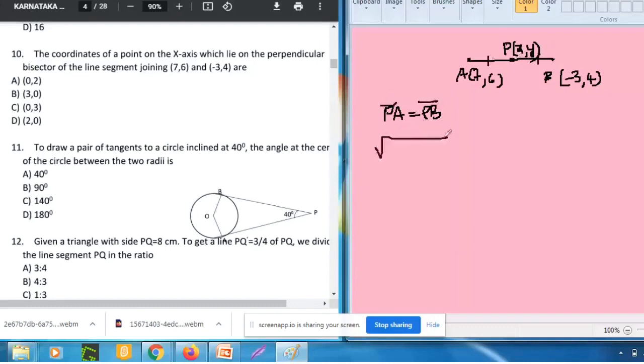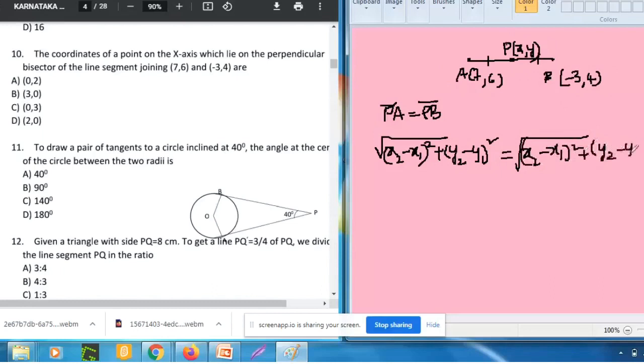We all know the distance formula between 2 points is the square root of x2 minus x1 whole square plus y2 minus y1 whole square, and this is also equal to PB. For PB and PA we apply x1, y1, x2, y2 accordingly. After applying the formula, we will get a linear equation as x minus y is equal to 3.